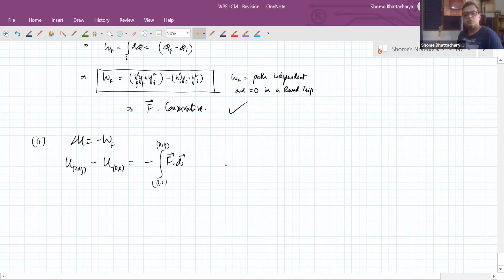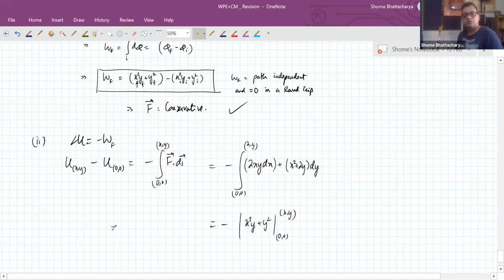So it would be the negative of this integration that we had. So as you can see, this would become minus of this relation from 0, 0 to x, y.